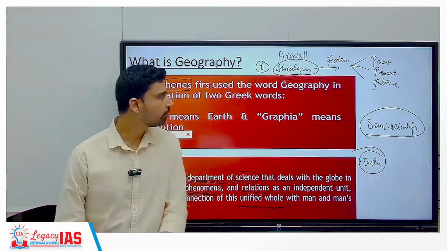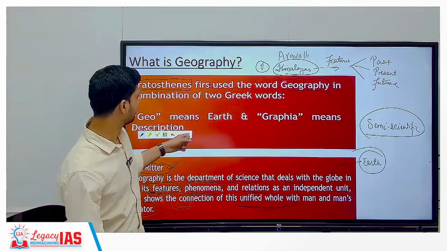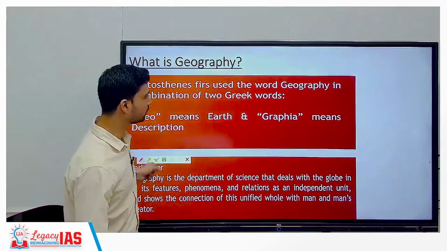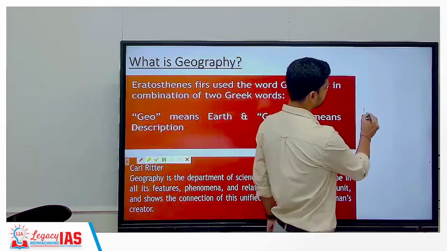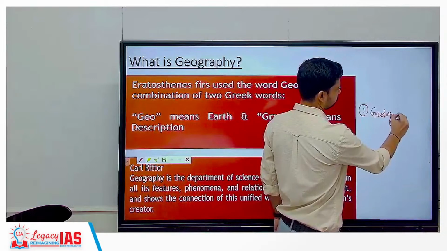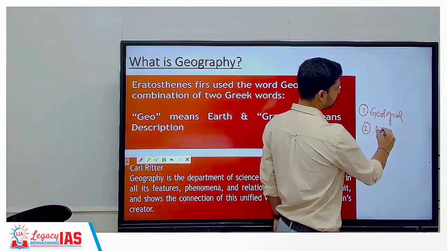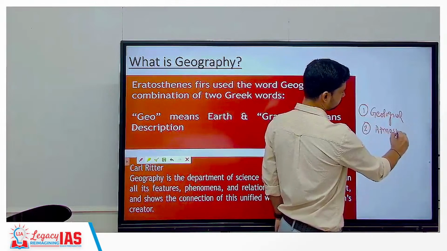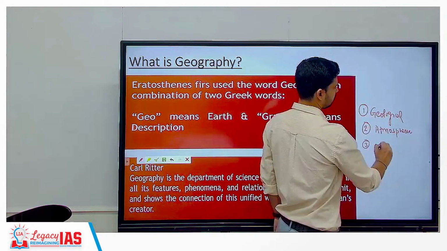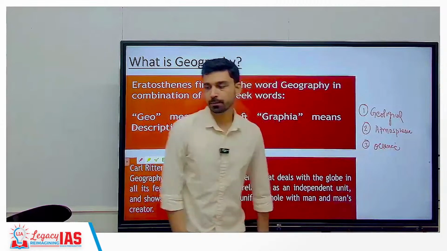When he used the word phenomena, he has described three different types of phenomena on the earth. First is geological. Second is atmospheric. And third is oceanic.